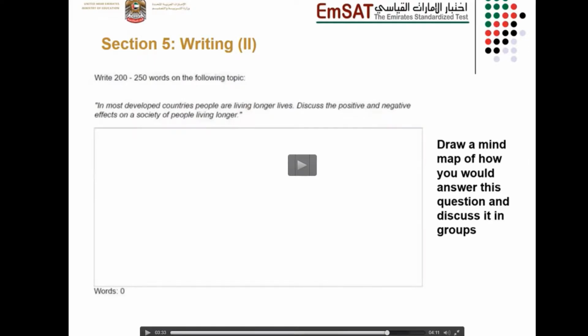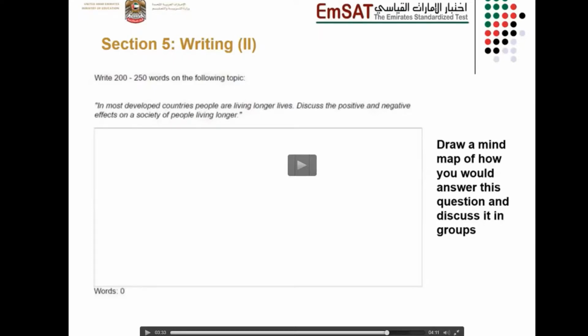There's no point talking about leading a healthy lifestyle or not. The point is you need to consider the positive effects and negative effects on a society of people living longer. Like people living over the average age of 60 or 50, maybe living to 85 or 90.